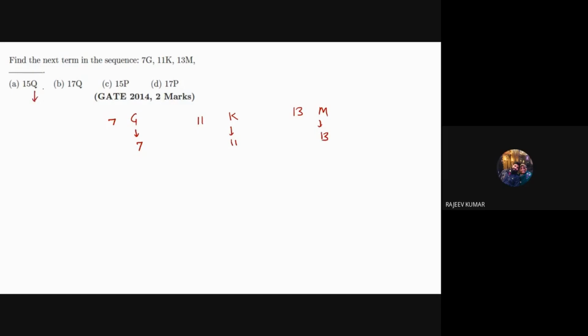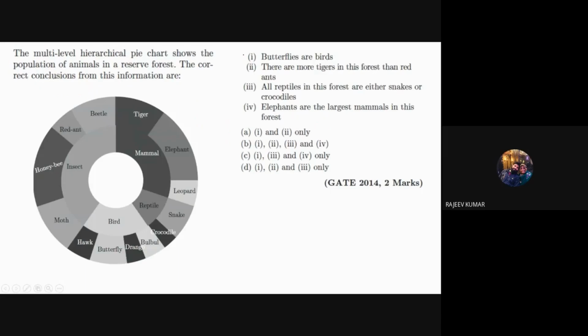So what is the number of Q? 17. So this turns out to be the correct answer. Number of P? 16. So none of them is correct. So 17Q, that's the correct answer. Very good. Okay, next one.